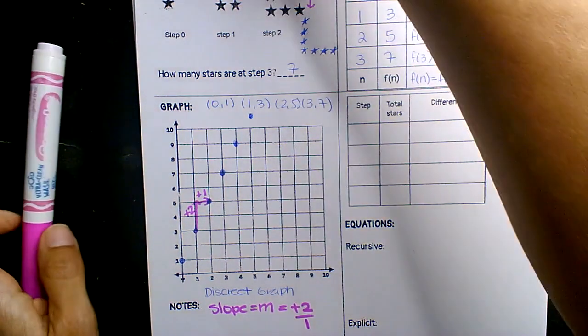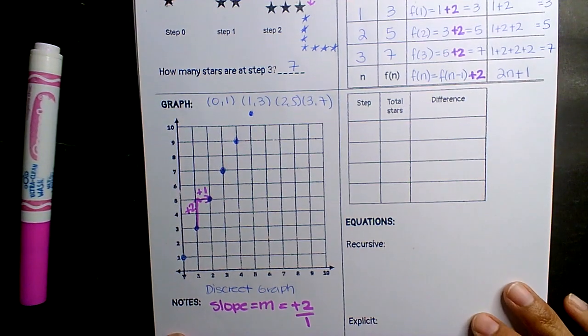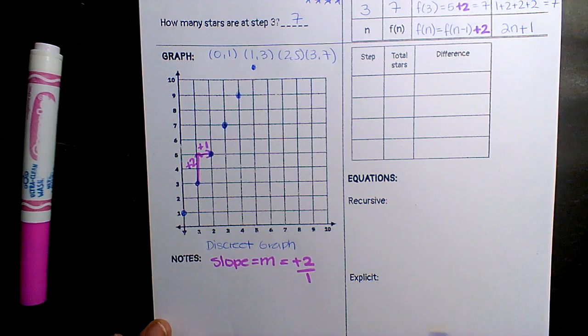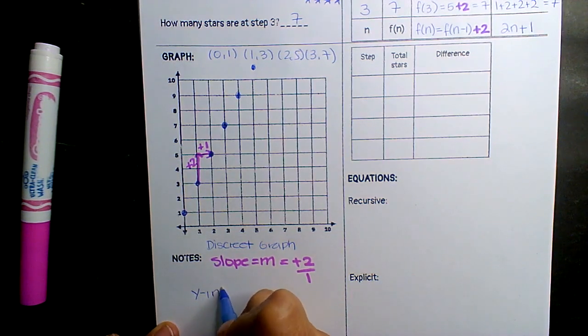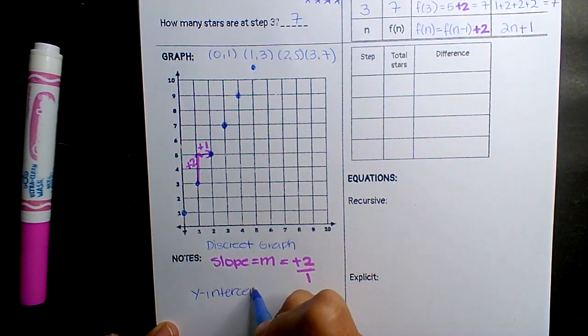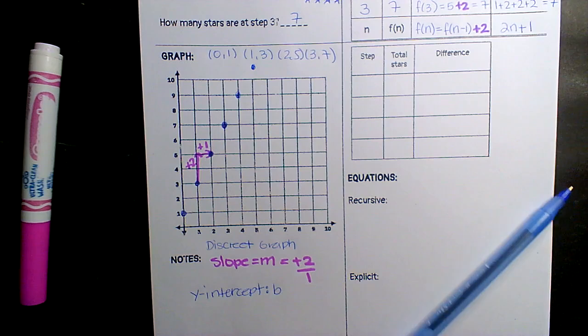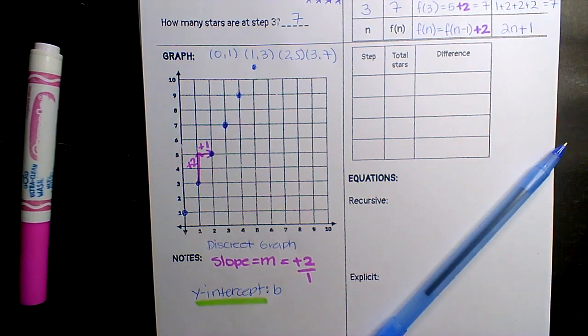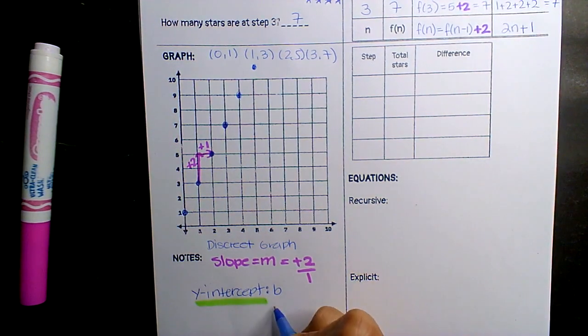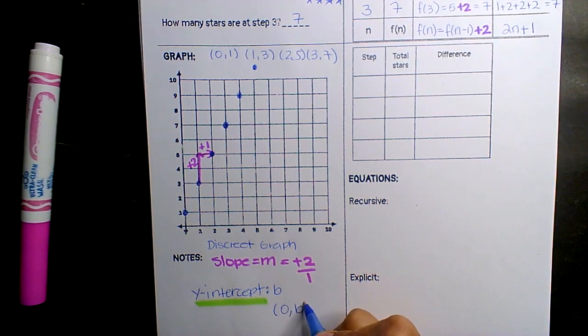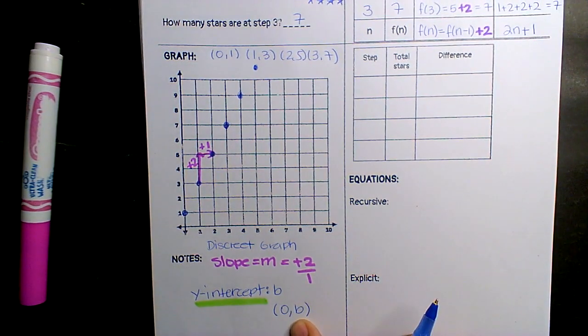Okay, your y-intercept, I'll do it in orange. The y-intercept is your b value, right? Remember, every y-intercept has x value 0, because it's where the line or the data crosses the y-axis.